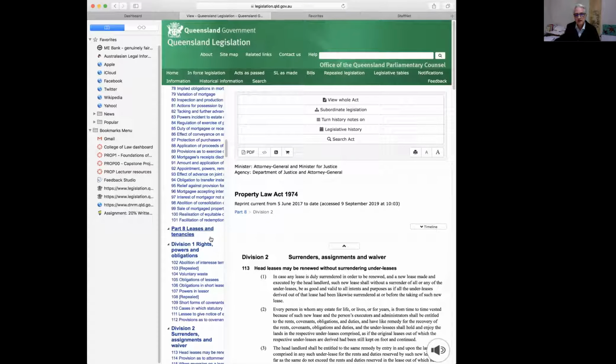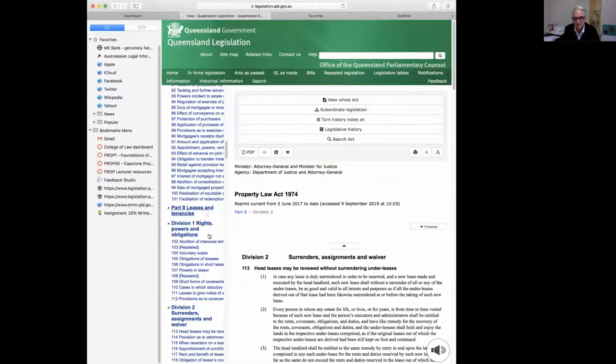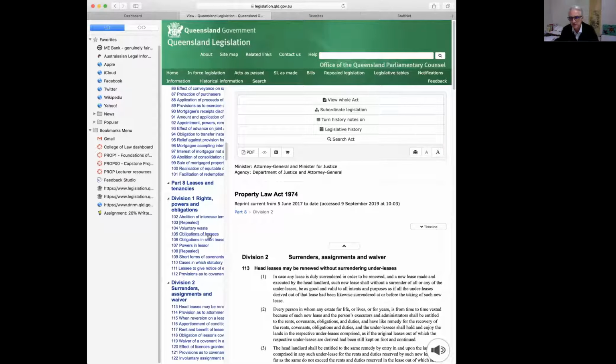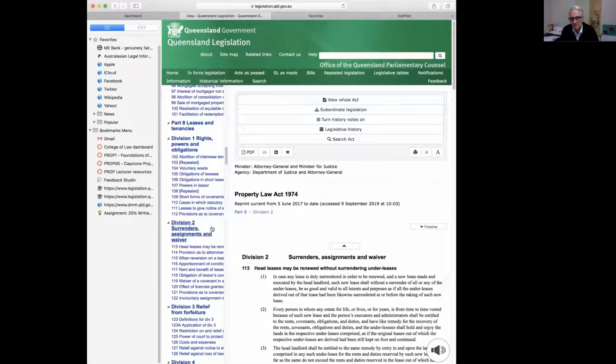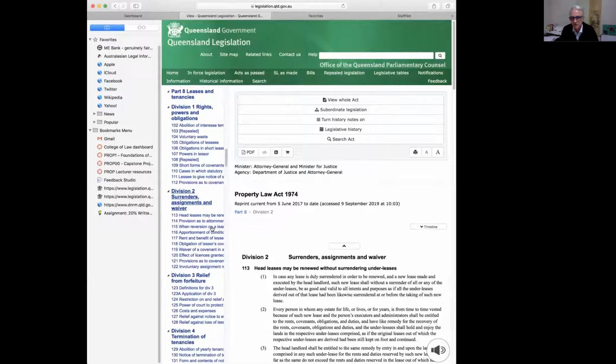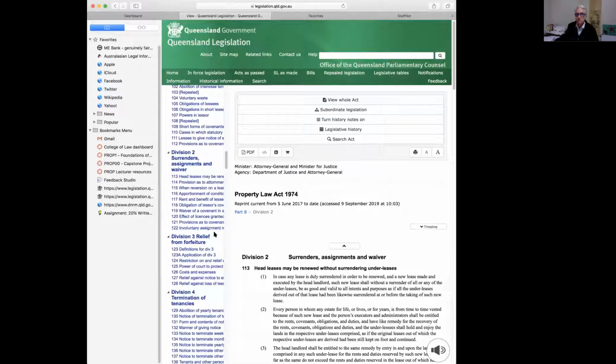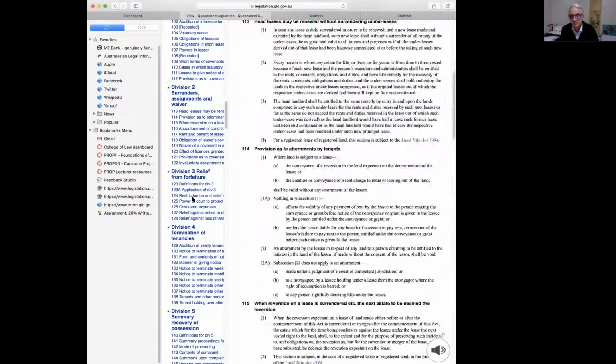We can see there Part 8 deals with leases and tenancies, and we looked in the last lecture at those provisions to some degree, dealing with creation and types of leases and so on. Division 2 deals with surrenders, assignments and waiver, and we're looking at sections 117 and 118.